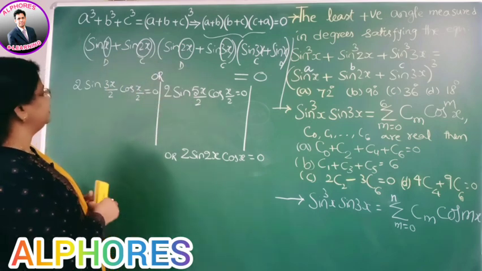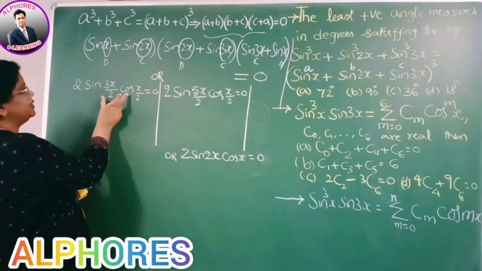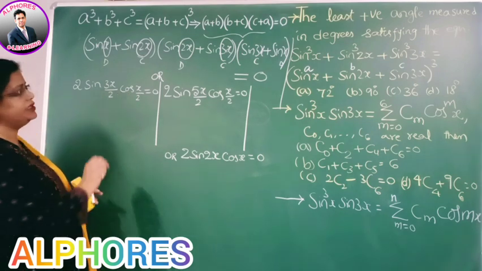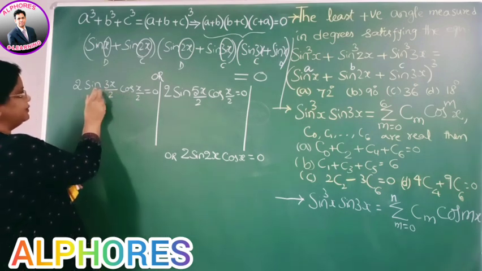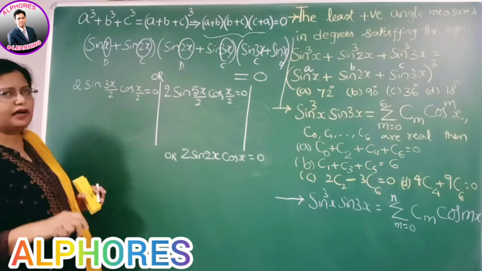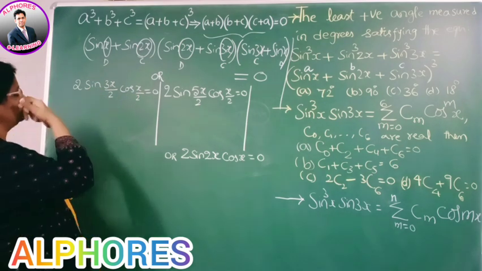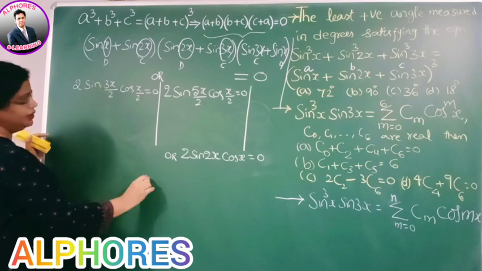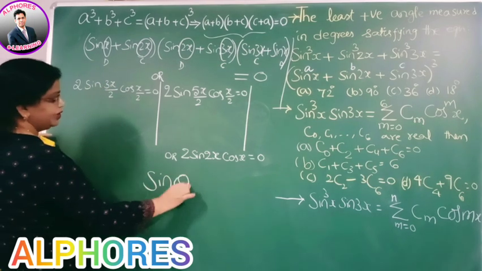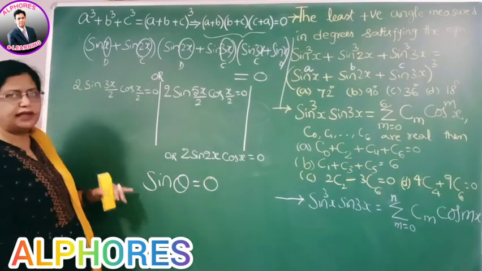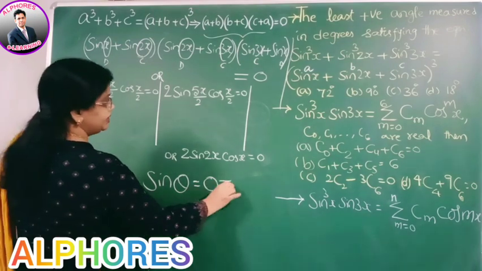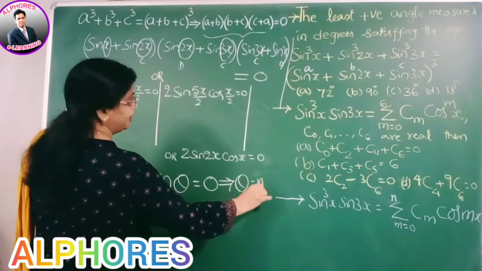Now let us observe here. Now this is a product. A product is 0 implies either the first term is 0 or the second term is 0, or both may be zeros. That implies here sin theta equal to 0. Students, you have a formula for when sin theta is 0. What is the theta value? Actually n pi, right?